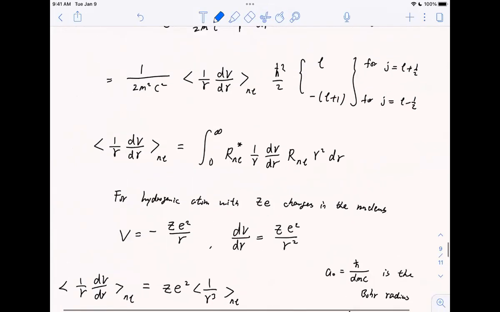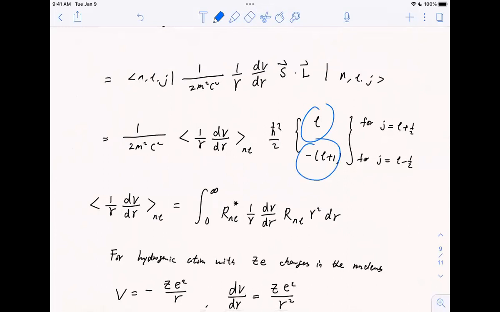So basically you use this minus this. Okay, you use this minus this. L minus L plus 1. Then you get the splitting.